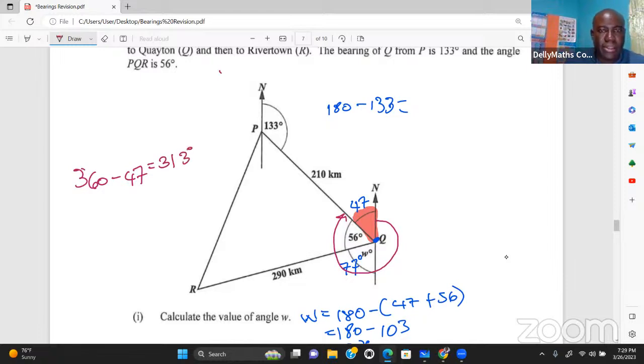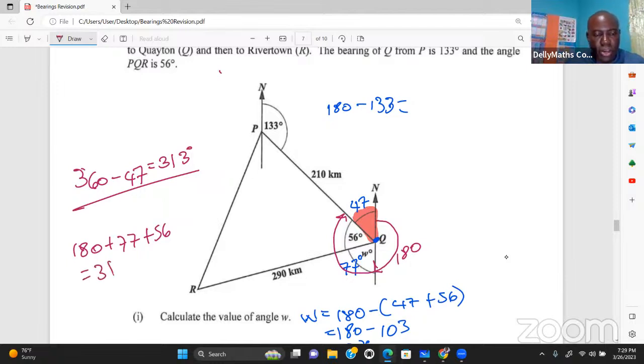So I get 313, that's the bearing. That's one way. I could have also added 180 to the 77 to the 56, and I should still get the same answer. We still end up with the 313.